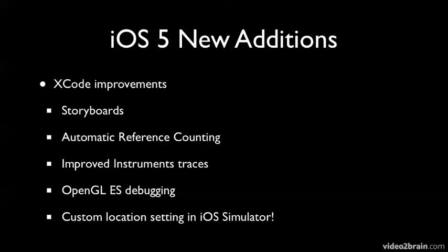Now, storyboards and automatic reference counting are probably two of the biggest changes that have come along with the Xcode improvements. We'll take a look at them in the course, along with a quick look at the Instruments-related changes, and I'll also be showing you how you can set your own custom user location in the iOS simulator to make your MapKit testing easier.